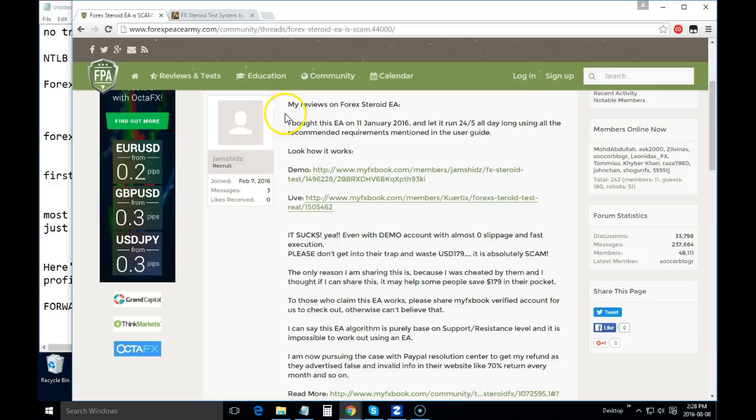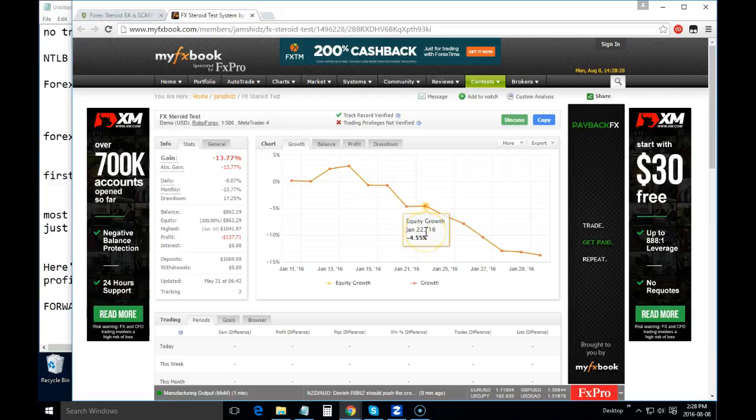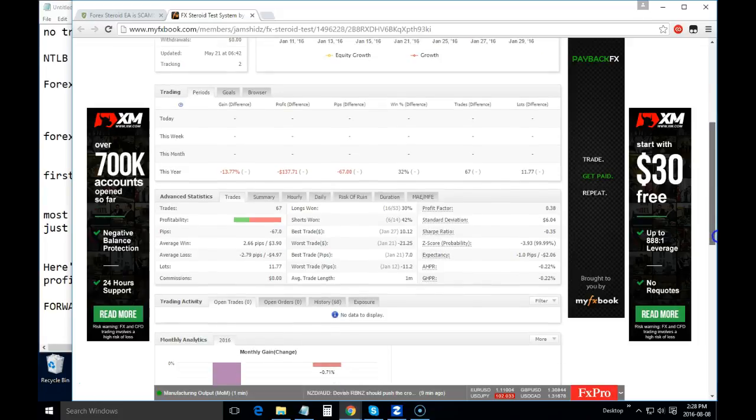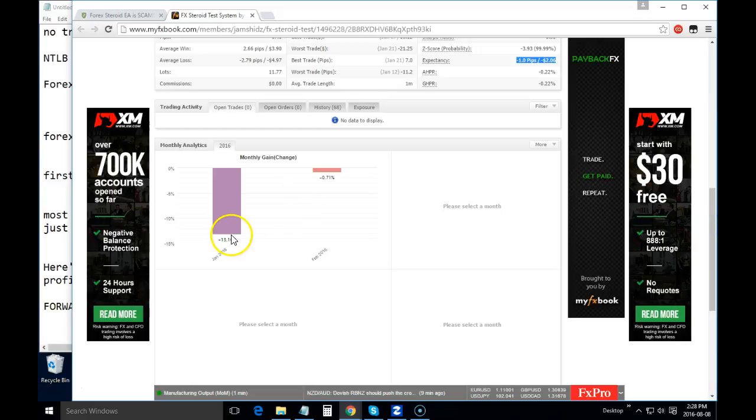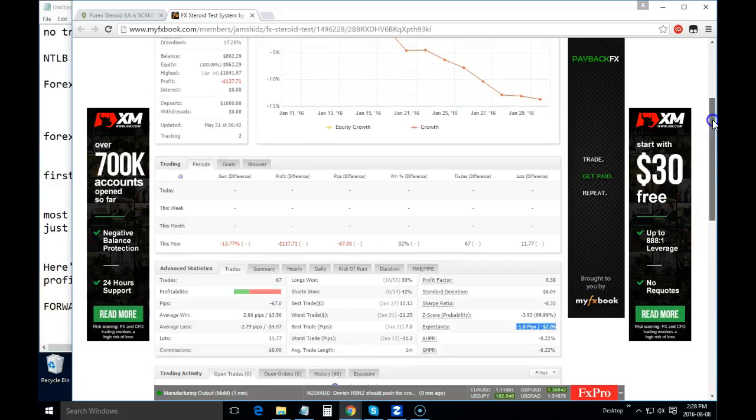So anyway, I guess my point is, even though it says it's a really good system, you really can't believe it, because the actual forward testing, it's got a negative expectancy. So it's a negative 1 pip per trade, but this is a high frequency trader. So yeah, it lost 13% in a short period of time.